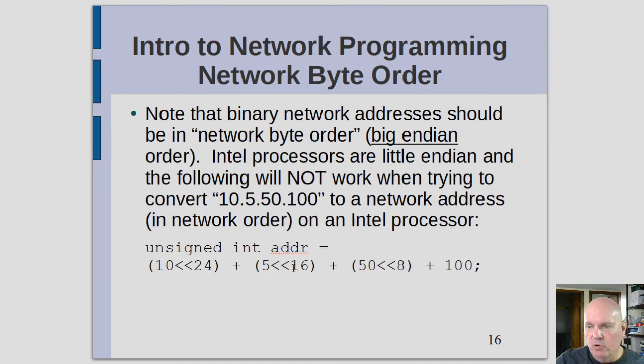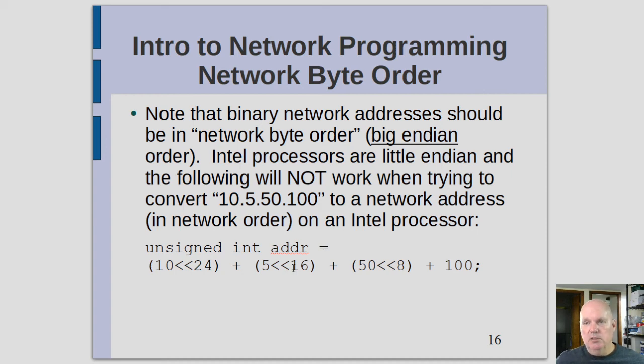Okay. One issue that you do run into with IP addresses and also port numbers is that there are different architectures that are used by processors. There's what's known as big endian order processors and little endian order processors.